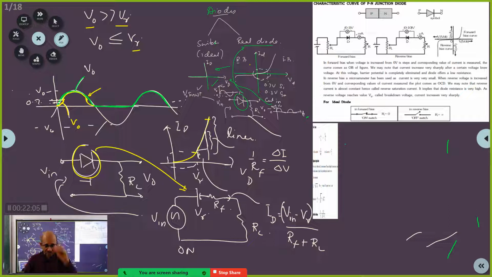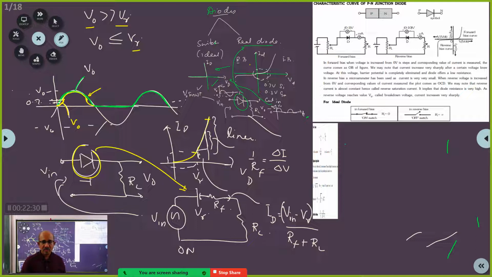So the potential energy barrier is always there. And what did I tell you? If a hole from P has to go to the N side, it should have energy greater than the barrier potential. So when it has to overcome this potential energy barrier, it does consume some energy.